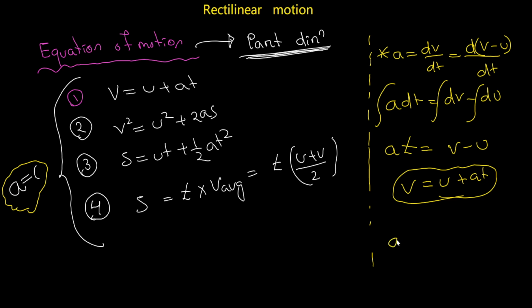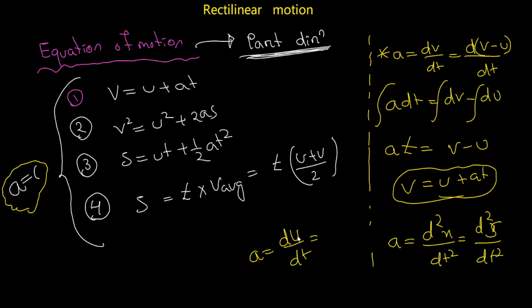We have discussed that acceleration is nothing but d square x divided by dt square. If I take displacement as s, it is d square s divided by dt square. From here you can prove it. Else, you can write acceleration as dv by dt, and if I use the chain rule, I multiply and divide by ds, so it is dv by ds into ds by dt.